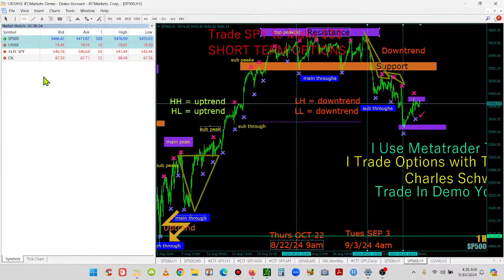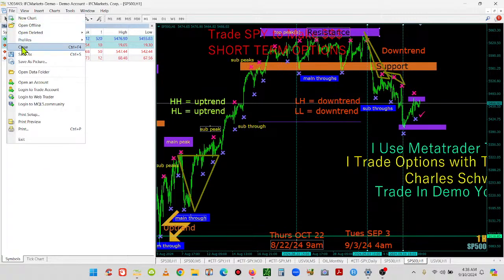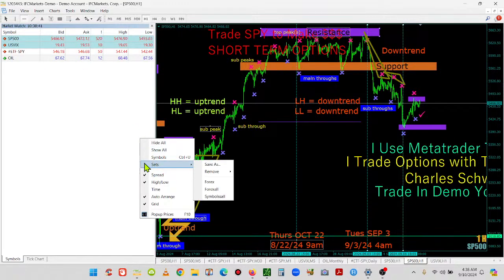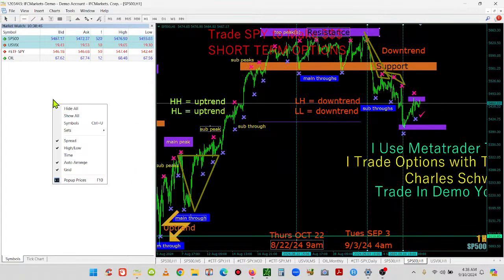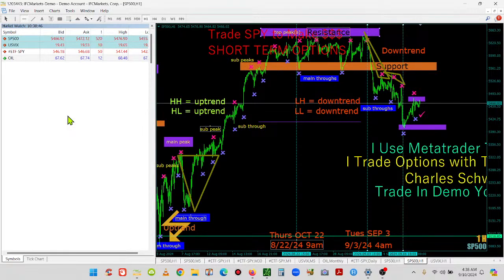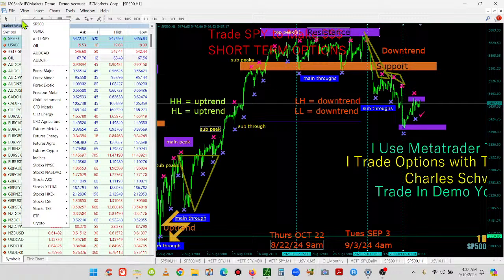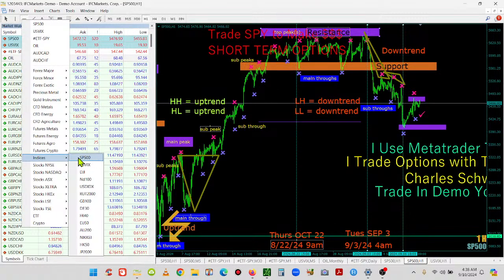Okay, and if you don't do this, you might not see the S&P 500 or SPY or stuff such as the VIX. You want to right click here after selecting Market Watch, and you're going to select Show All. Once you do that, then you could select New Chart, then indices and S&P 500.